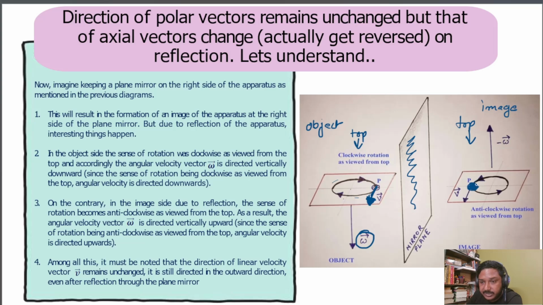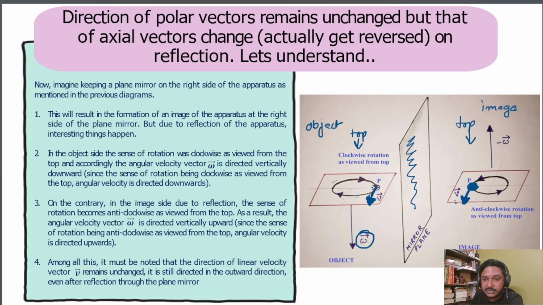At this point, as the rotation is anti-clockwise, the direction of the linear velocity will be towards this direction. Now you can compare the linear velocity on the object side and the linear velocity on the image side. Their direction is basically the same.